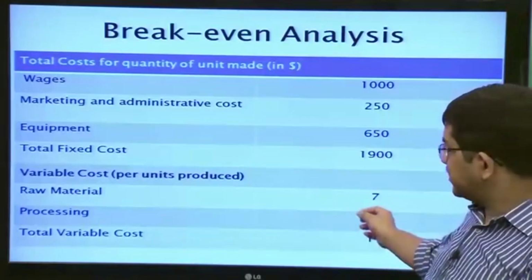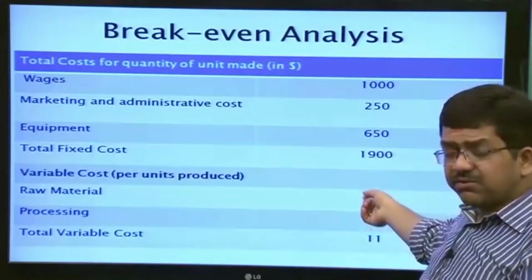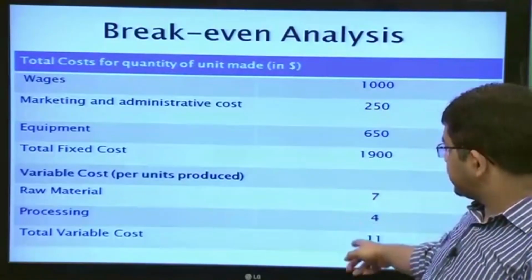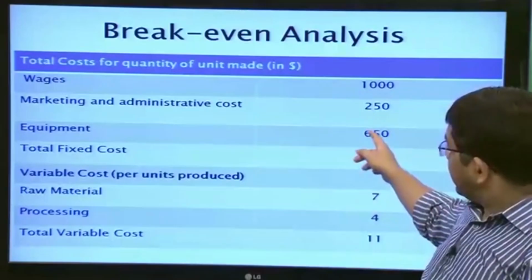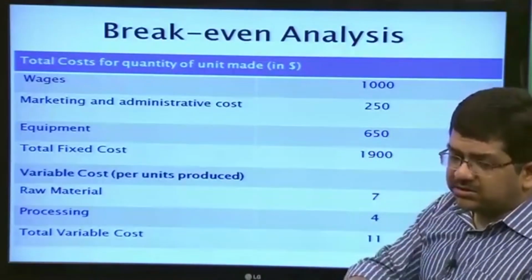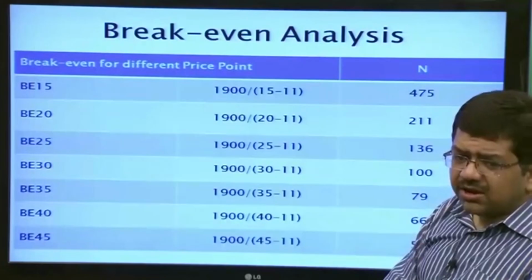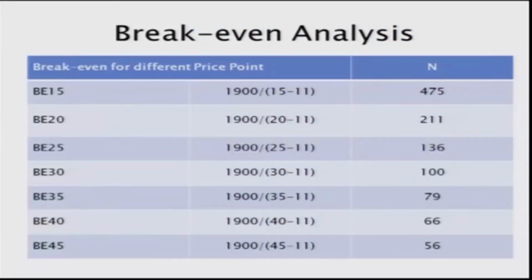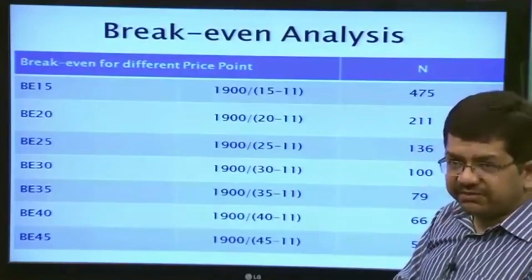For the sake of simplicity, I have just looked into a few components of the cost inside the fixed cost as well as variable cost. So, the variable cost per unit is $11 and the total fixed cost is $1900. Now, to break even, understanding that my price has to be at least $11 to get some contribution margin to recover the fixed cost, I have calculated the break even point for different price points.